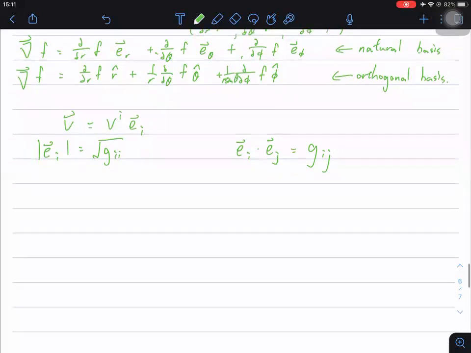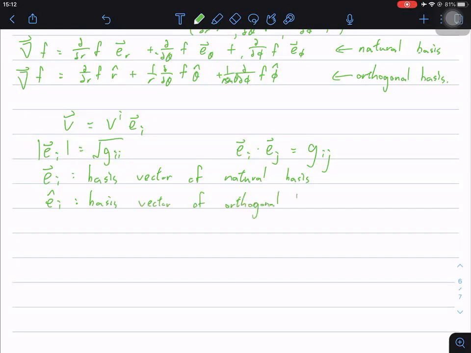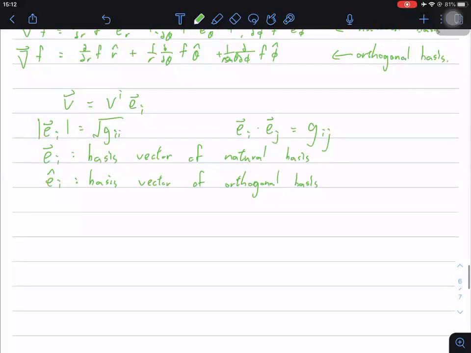Okay, so now we can define two things. Let's say this one is the basis vector of the natural basis, and the unit vector itself is the basis vector of the orthogonal basis.